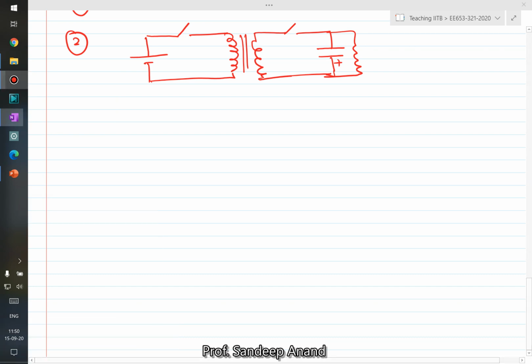Right, so I've drawn the circuit and drawn the dot conventions. Now this is not an ideal transformer, this is a real, actual transformer, and therefore I'm not drawing a separate magnetizing inductance here.